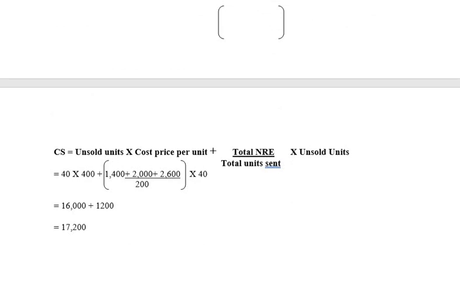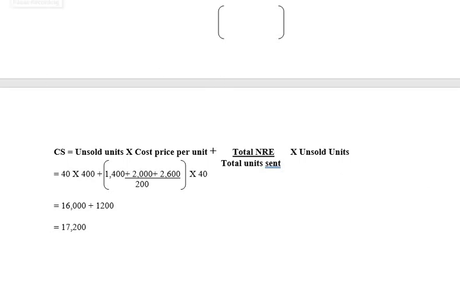Right, so non-recurring expenses are 1400, which is octroi, then 2000, and then 2600, divided by total units sent, which is 200, multiplied by unsold units. How much is the unsold unit? Unsold unit is 40.